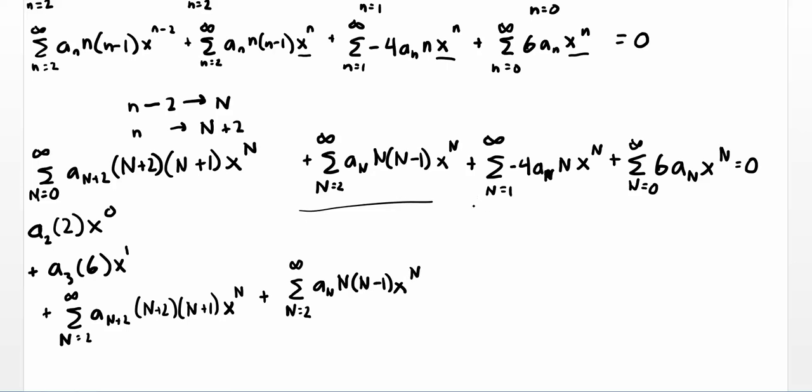Okay, I'm looking at the third series here. We just have to take care of the first term in order to get the series to start at n equals 2. So let's write out the first term for that one.